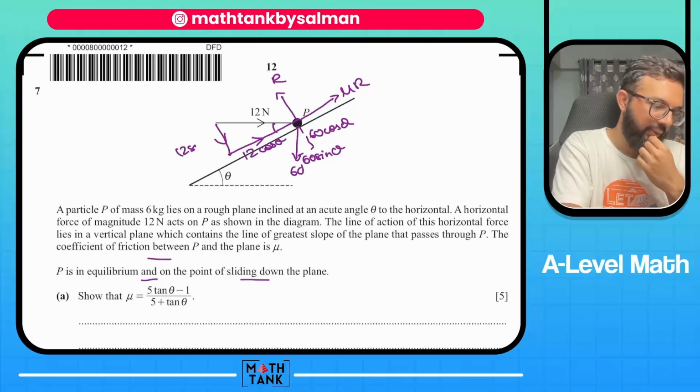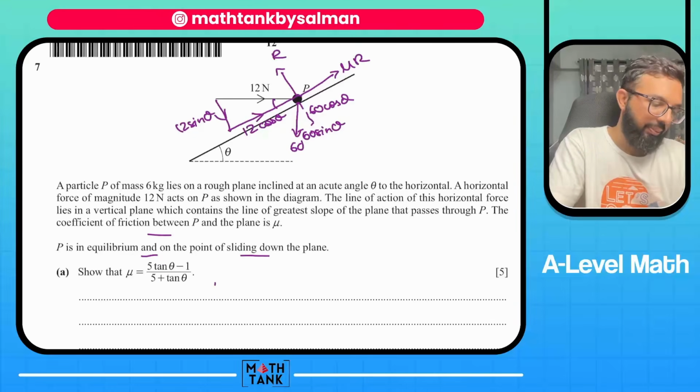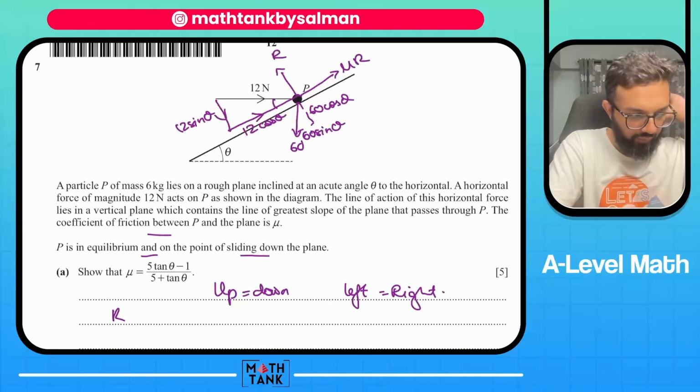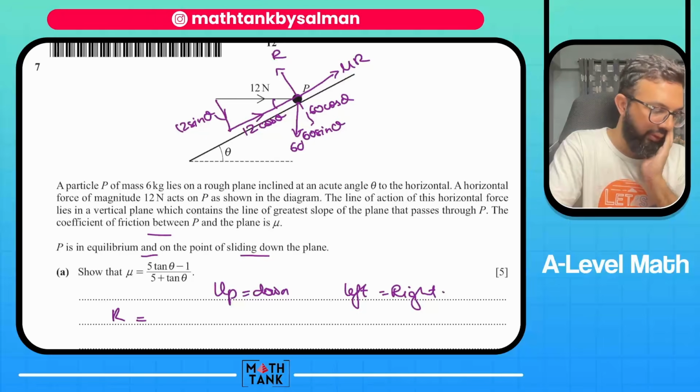Resolving the forces: 12 cos theta and 12 sin theta. So up equals down and left equals right. Up and down: R, and down is 60 cos theta plus 12 sin theta.